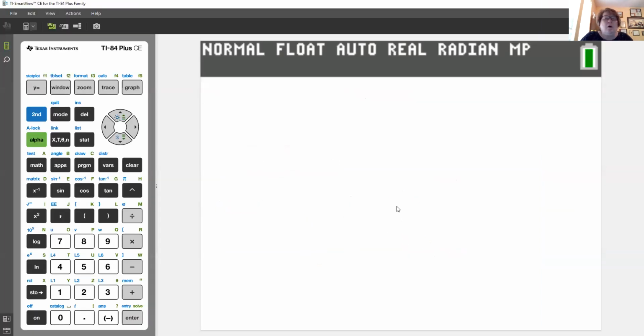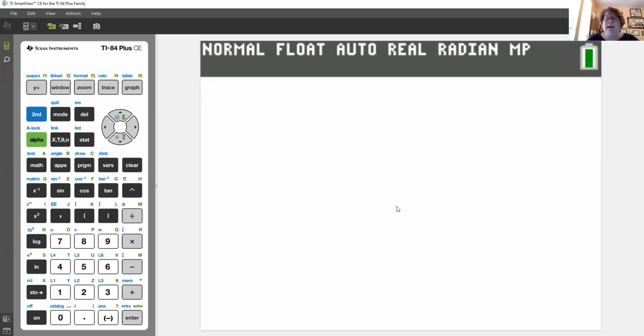All right, so I need to input this augmented matrix into my calculator. So I need to find my matrix menu. And it depends on if you have a TI-84 or a TI-83 where the matrix menu is.